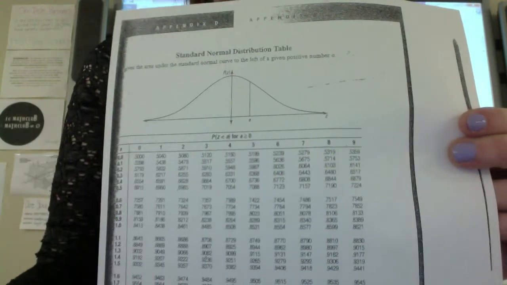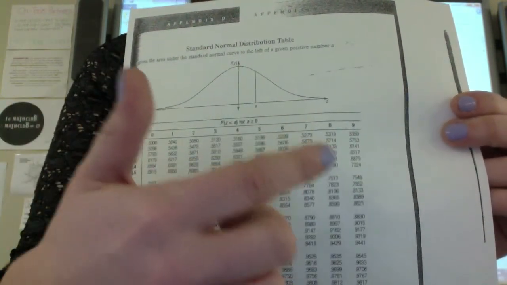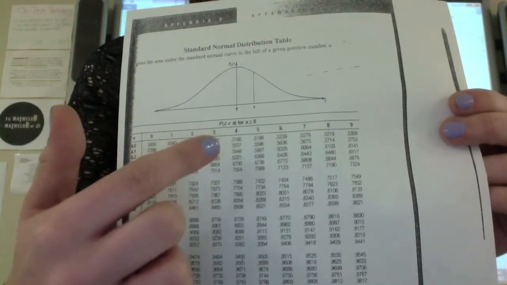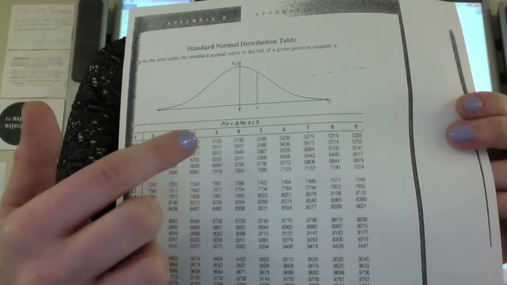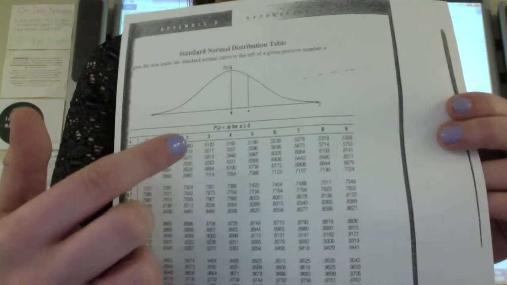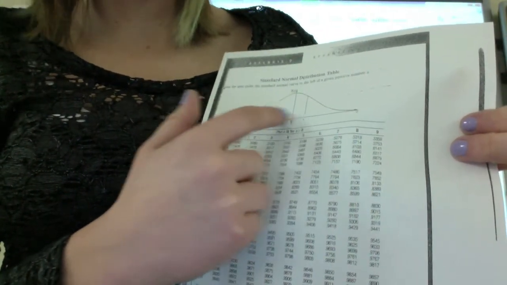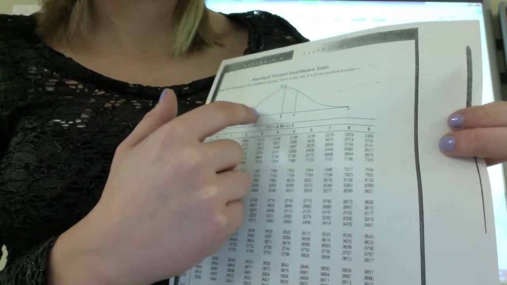That a value is just whatever number we're looking at on our z-axis. We're reading this as the probability that z is less than a for a greater than or equal to 0. In other words, if I were to look at this a value here and shade everything behind it, that's the probability that I'm calculating.